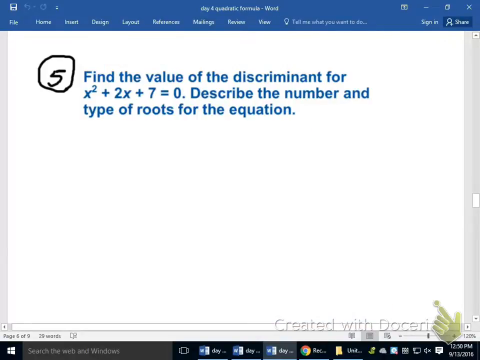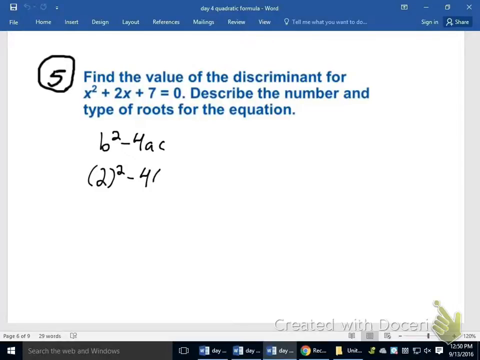So without even really doing any work on a problem like number 5, I can actually figure out a lot of information just by doing the b squared minus 4ac. Alright, so if I actually do the discriminant, that tells me a whole lot about the problem, because if I do 2 squared minus 4 times 1 times 7 and evaluate that, that is 4 minus 28, negative 24.